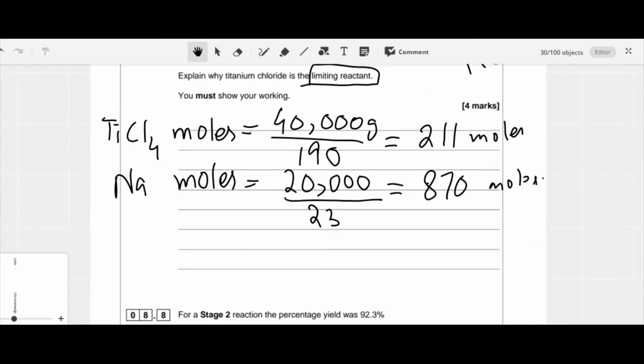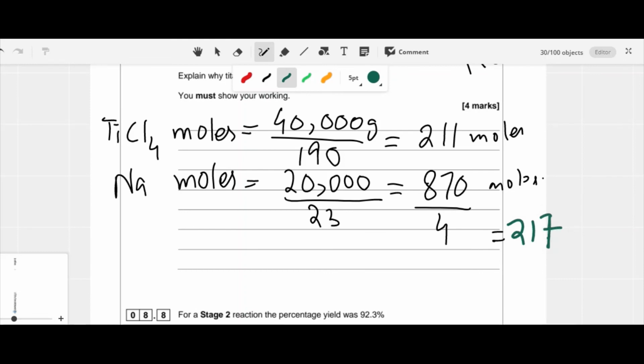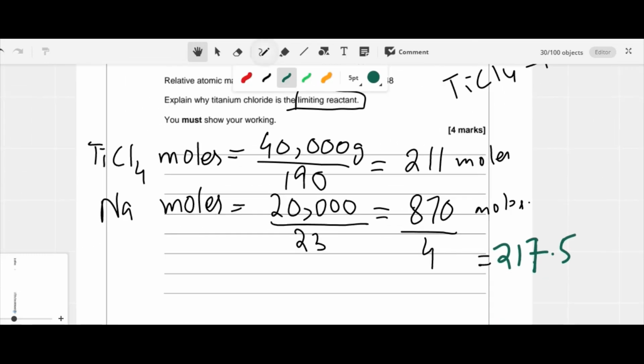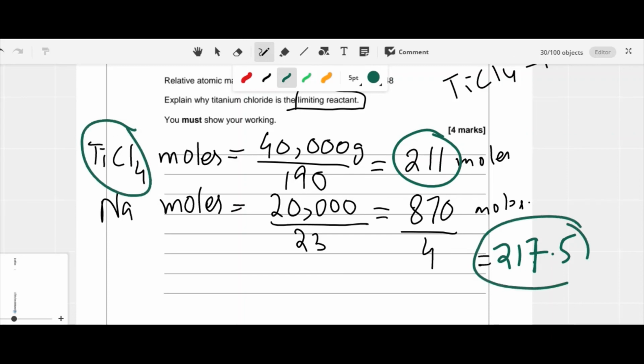So we need to divide 870 by 4, and the answer would be 217.5. So we can say that 211 moles of titanium chloride is less than the 217.5 moles needed.